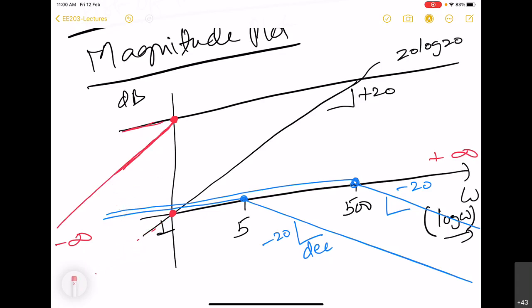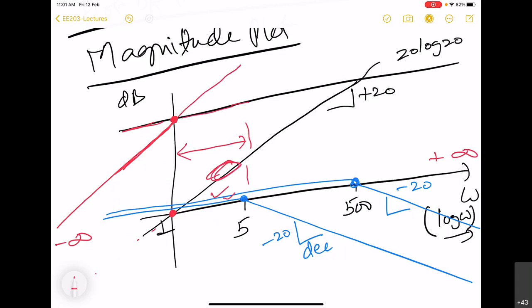Now from this point up to omega equal to 5, we see that these poles have no contribution, and the constant term continues to give this value. However, this curve, the 0 at origin, will increase the value at the rate of 20 dB per decade.